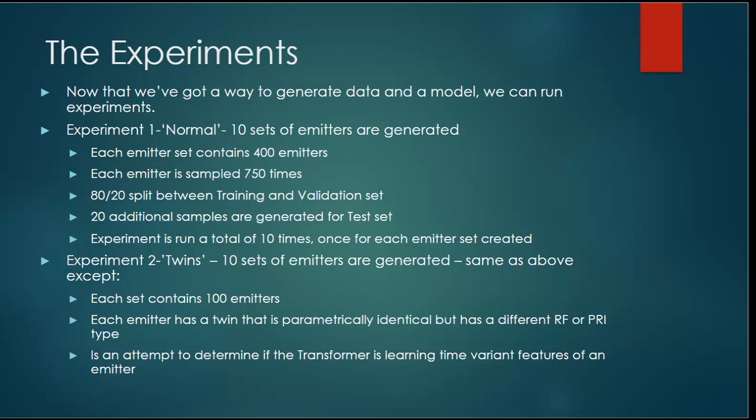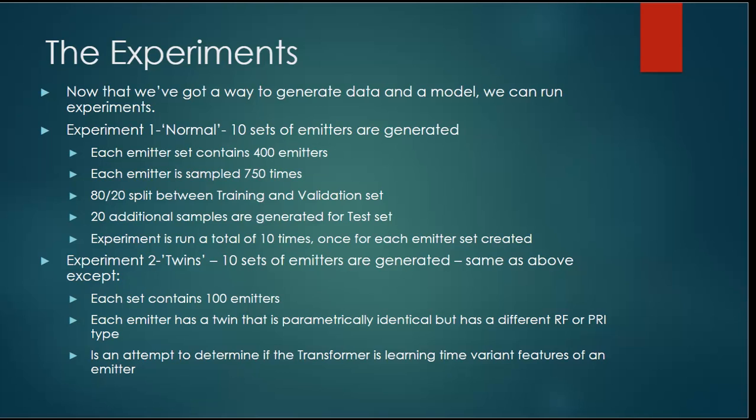we generate 10 sets of emitters. Each emitter set, which eventually becomes a data set, contains 400 emitters. Each emitter then generates 750 samples.